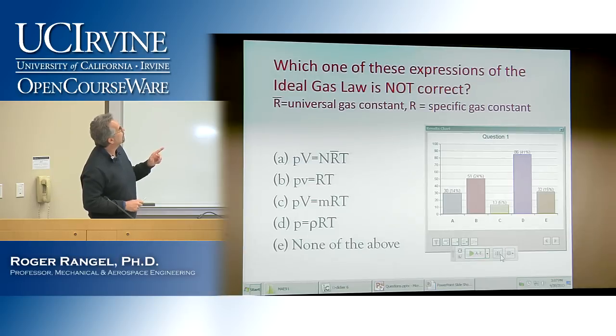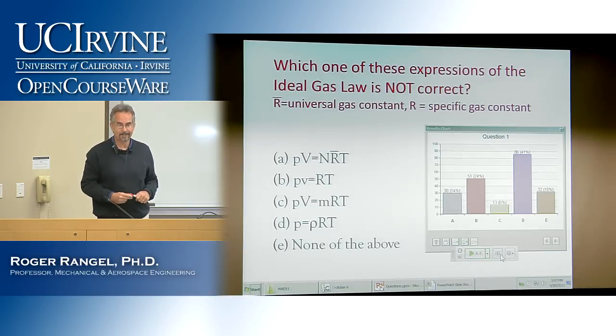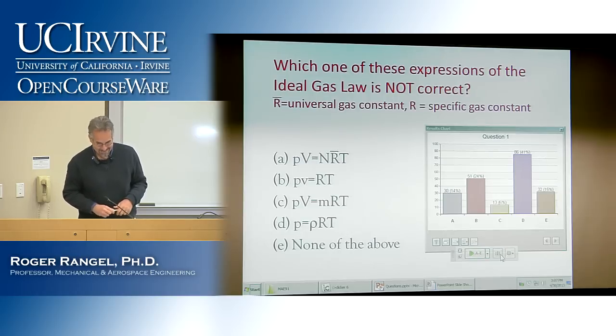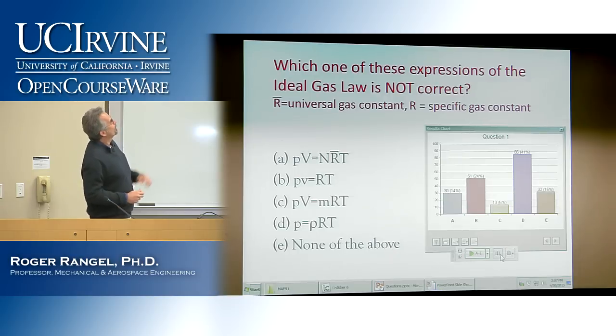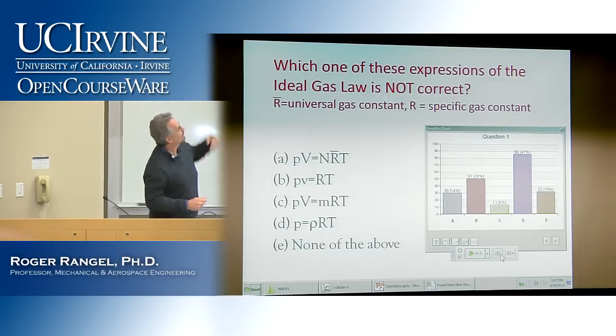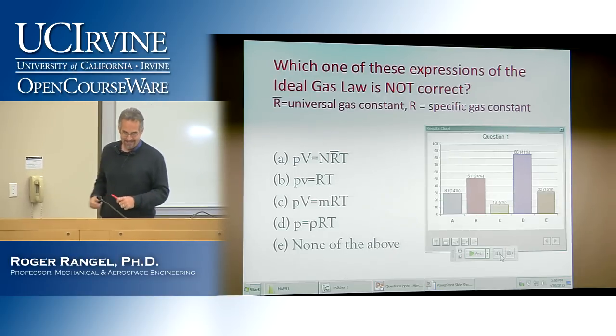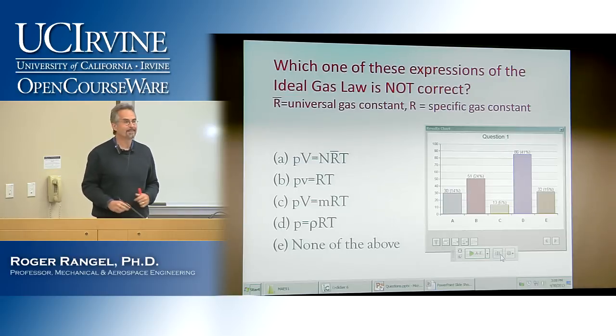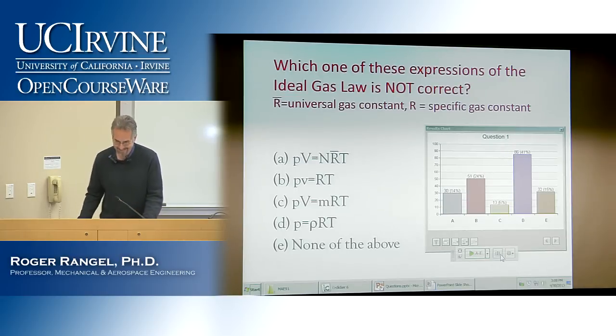So if C is correct, then B is correct. So when you want to change it? Answer is E. Those 4 expressions of the ideal gas law are correct. A, B, C, and D are all correct. All right?